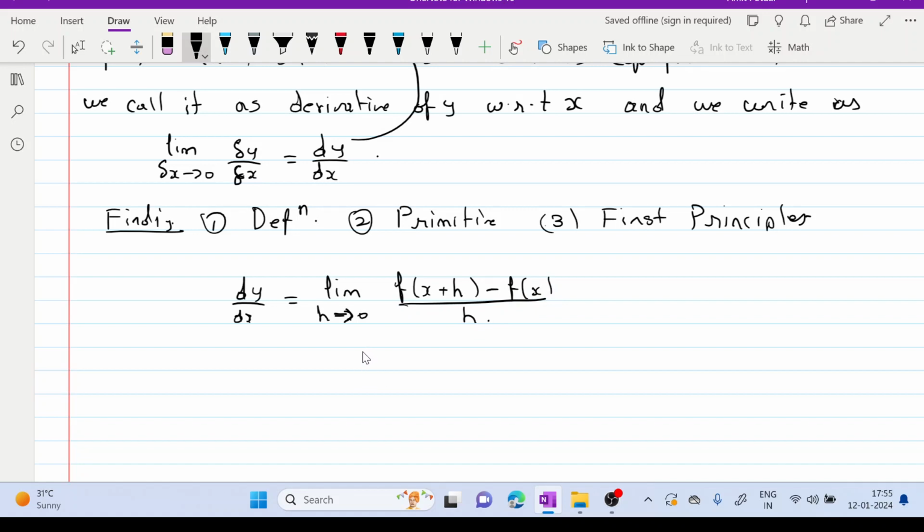So with this we can now solve a few problems. The first one I'll solve is: find the derivative of y is equal to x from first principles.